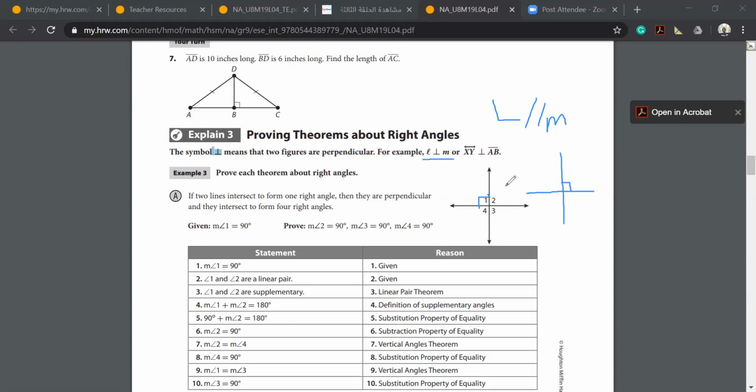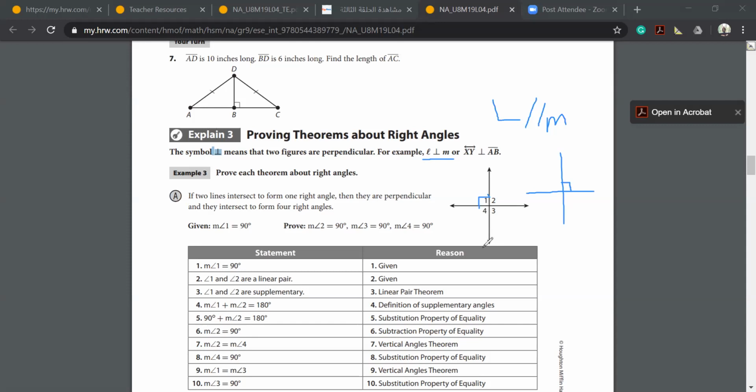Since they are vertically opposite angles, they are equal, because of the vertical angle theorem. So this is what he did in here. Measure angle 2 will be equal to measure angle 4. Why? Because of the vertical angle theorem.